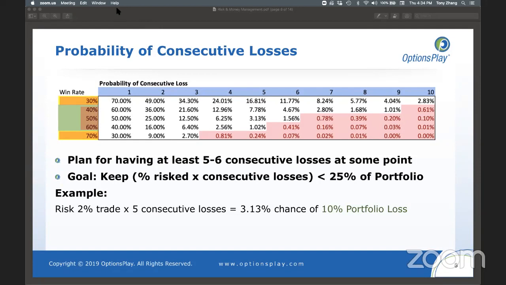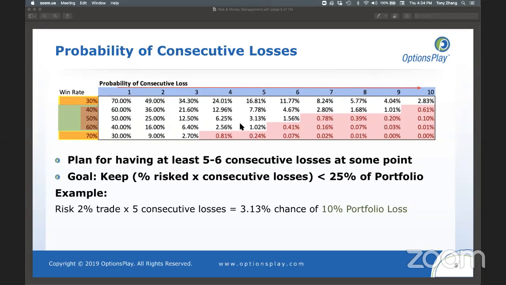What I have here on this chart is the probability of having consecutive losses based on the strategy that you trade. For example, if you're selling credit spreads that have relatively high probability of profit, you'll see that you have a pretty low probability of having 5 to 6 consecutive losses.